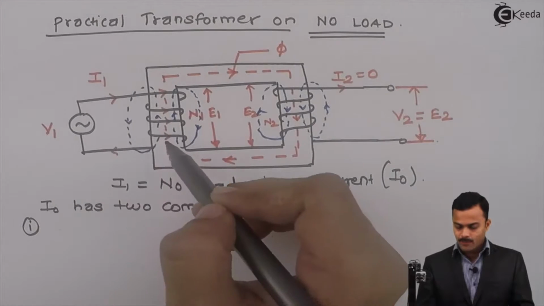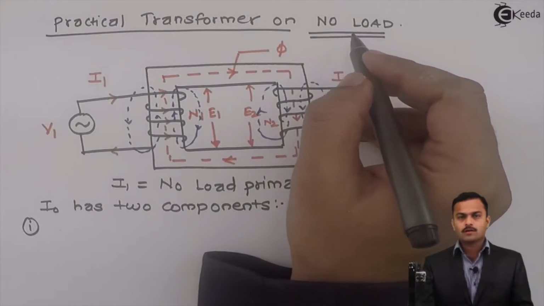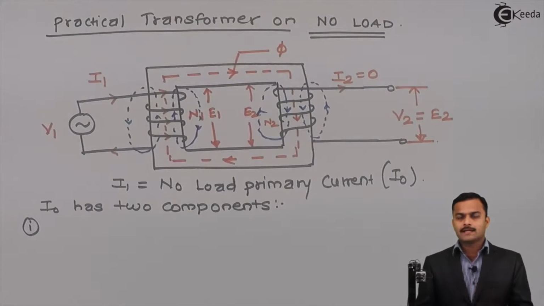One is magnetic flux getting generated and passing through this core, because of which magnetic losses will appear, and those losses are nothing but hysteresis and eddy current. So these are the power losses. Some amount of current, and some representation of these losses as a resistance, will be there.